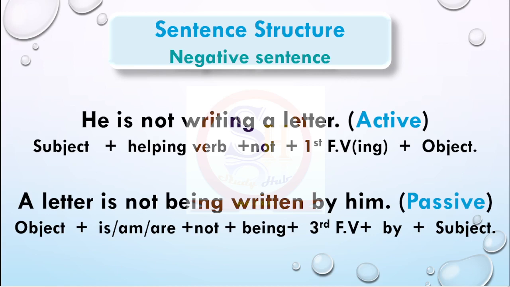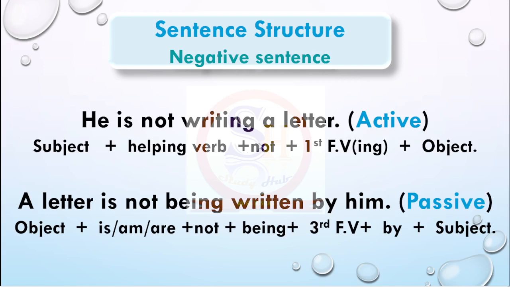The first rule, I told you, is that you need to replace the object with the subject. First you are to write the object here, a letter was the object. Then I told you that in the affirmative sentences, is being, are being, and am being are used while making the passive voice.